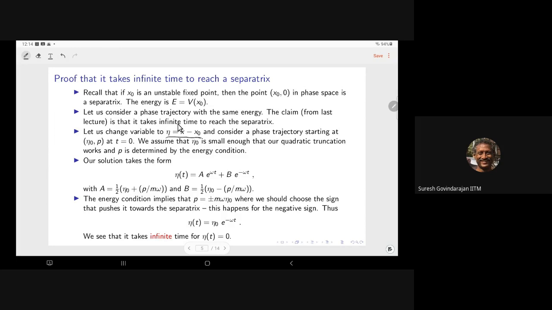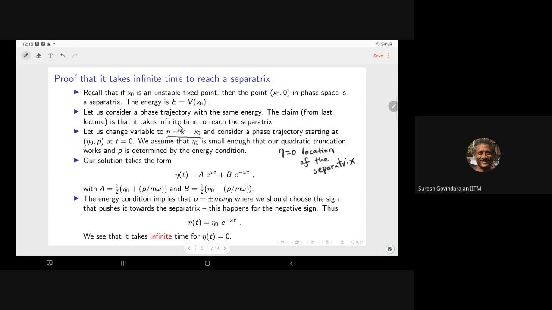So the first point here is that at x equal to x0, so eta equal to 0, is the spatial location of this separatrix. So I'm choosing eta naught and p, and p is determined by the energy condition.